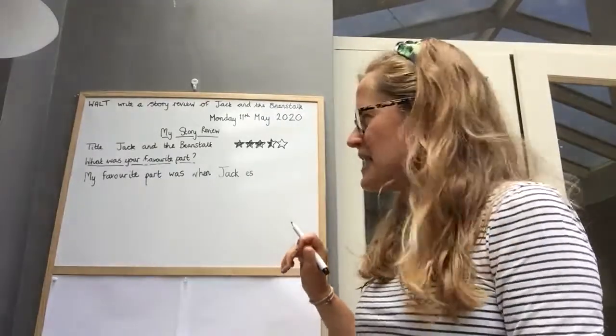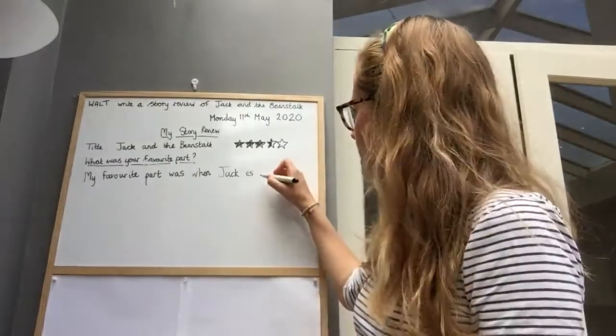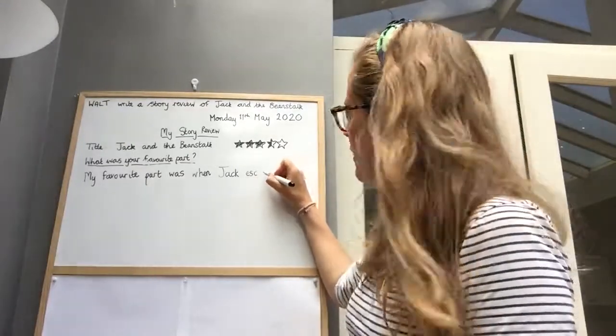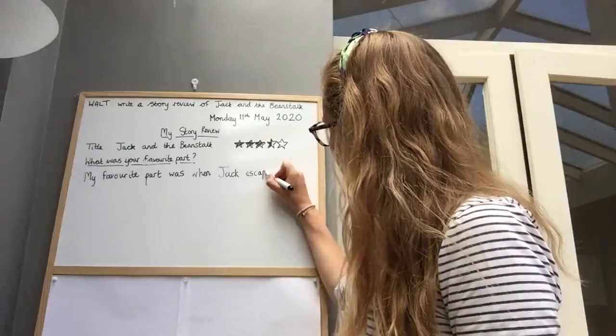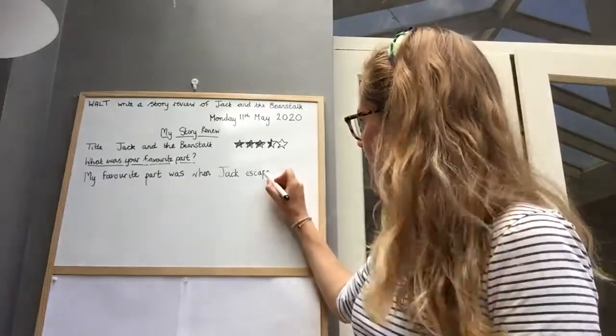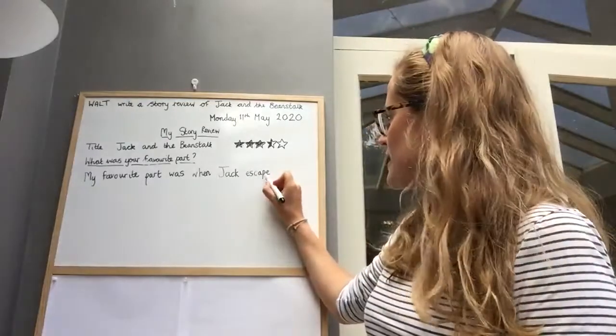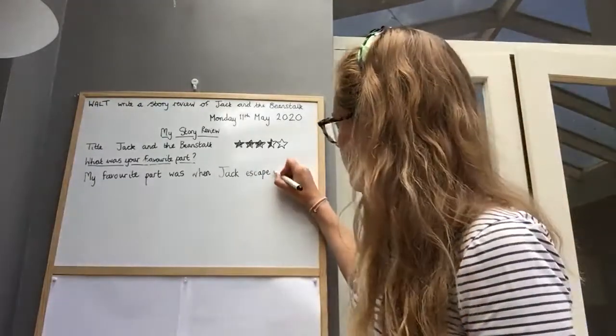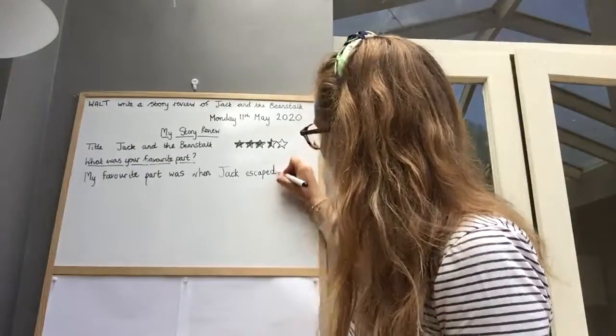Escaped. Now we need to do this cape sound. It's our split digraph, our A. Do you remember when the A and the E are on different sides of a consonant, it's the A. Escape. When Jack escaped, so it's in the past tense, we've got to put a D on the end there.